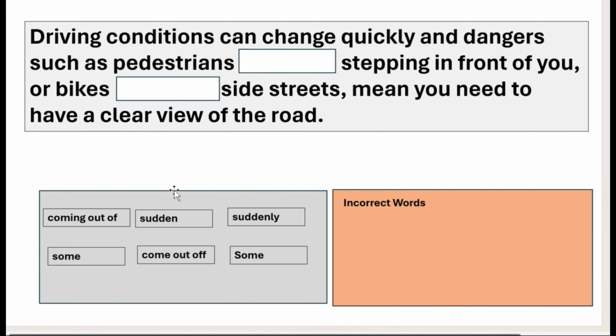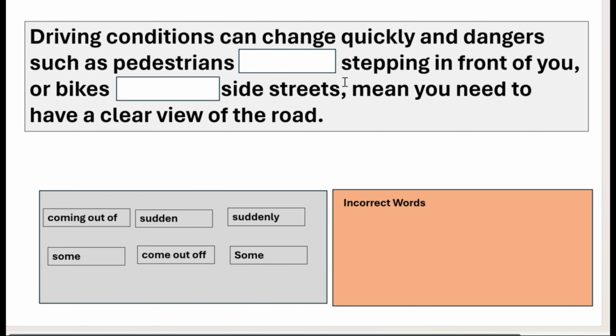Driving conditions can change quickly, and dangers such as pedestrian gap stepping in front of you. So it can be like the pedestrian suddenly stepping in front of you, because stepping and coming out of are a bit similar, like both are verbs.